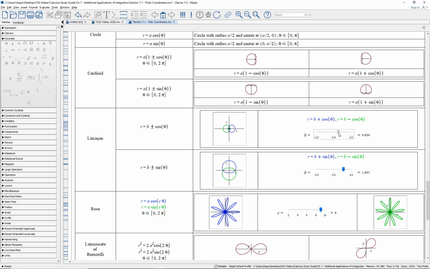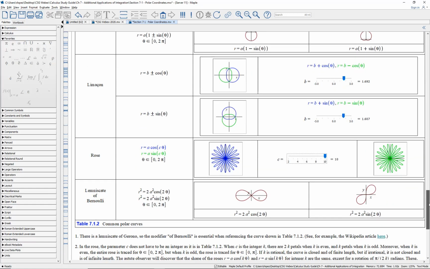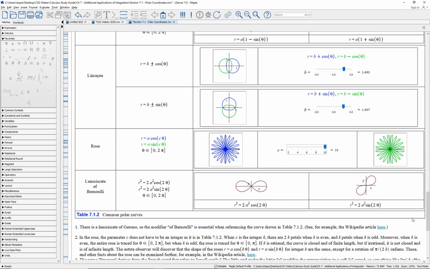And the slider controls the parameter b. So you can see what happens to the limaçon as you vary the parameter b. Same here with the rose. It has a dynamic representation. As you change the number of petals, or as you move the slider, you will see the number of petals change.